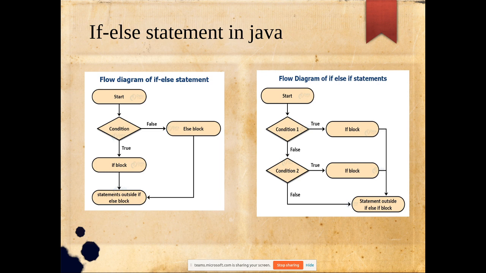According to that there is another condition, condition 2. So inside the if block you write another condition, condition 2. So if else can be nested: inside an if statement there will be another if else statement. Let us see those syntaxes one by one.